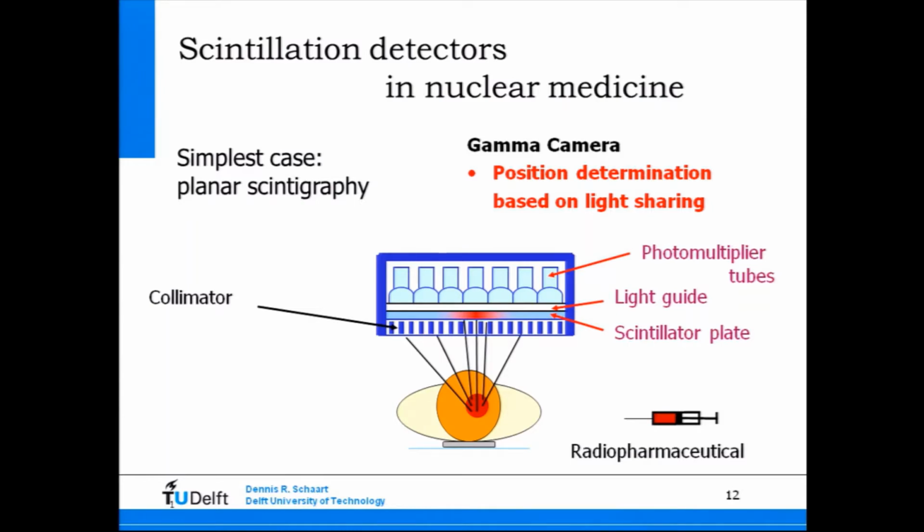And then in front of the camera there is a collimator that accepts only the photons that are incident perpendicular to the device, and so only in this region you may have some scintillation going on, and that can then be localized by those PMTs.